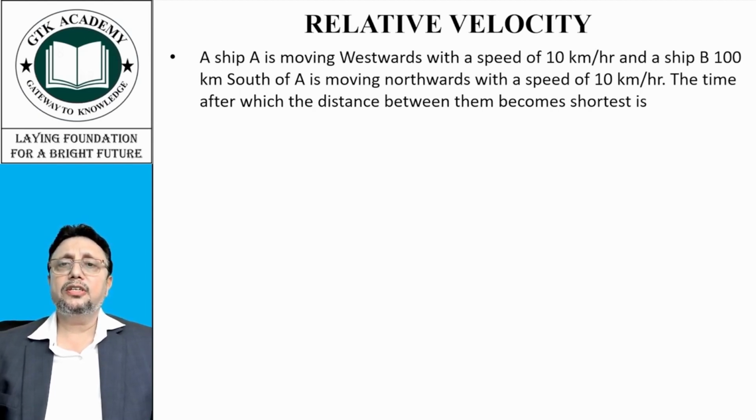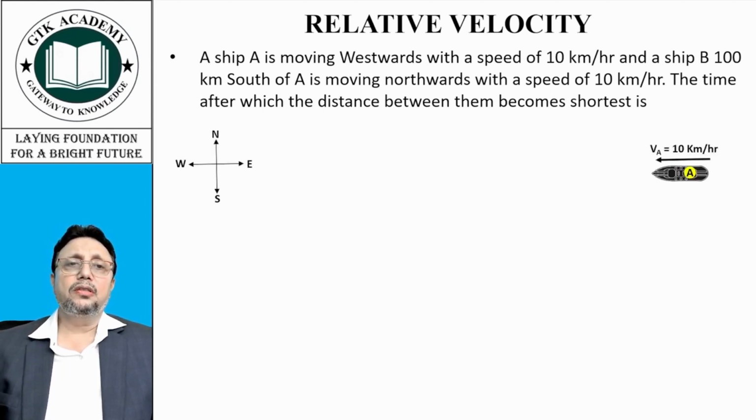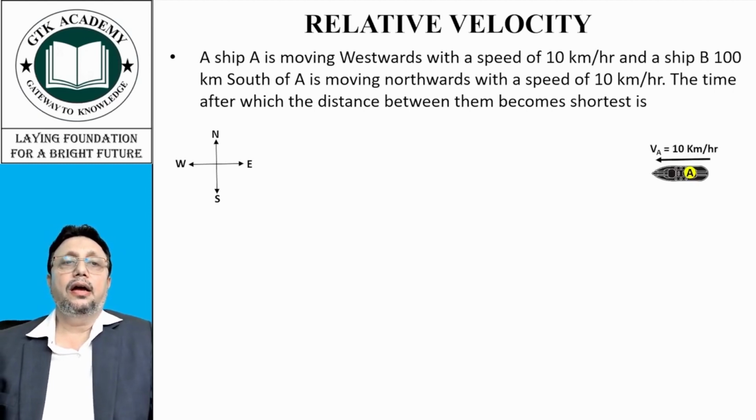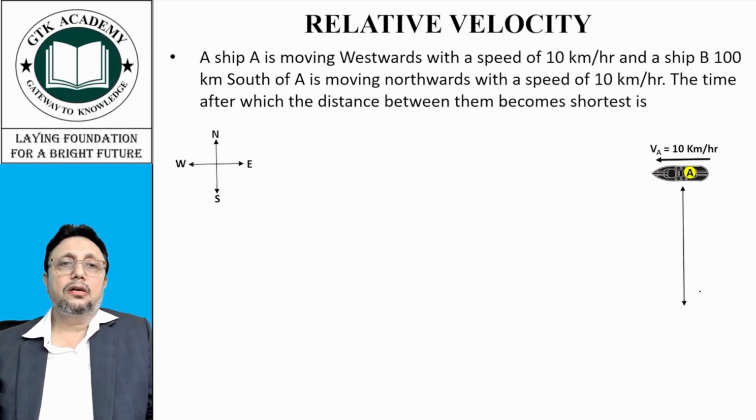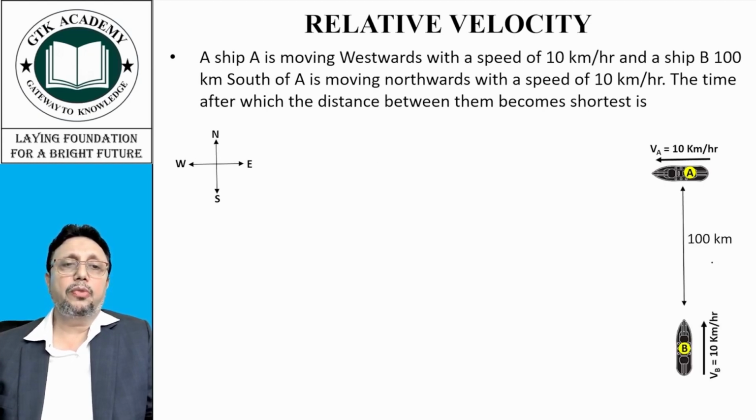So first of all, let's draw the directions: north, south, east, west, and A is moving with 10 km per hour in the direction of west. B is 100 km south of A, and it is moving northwards with a velocity of 10 km per hour.